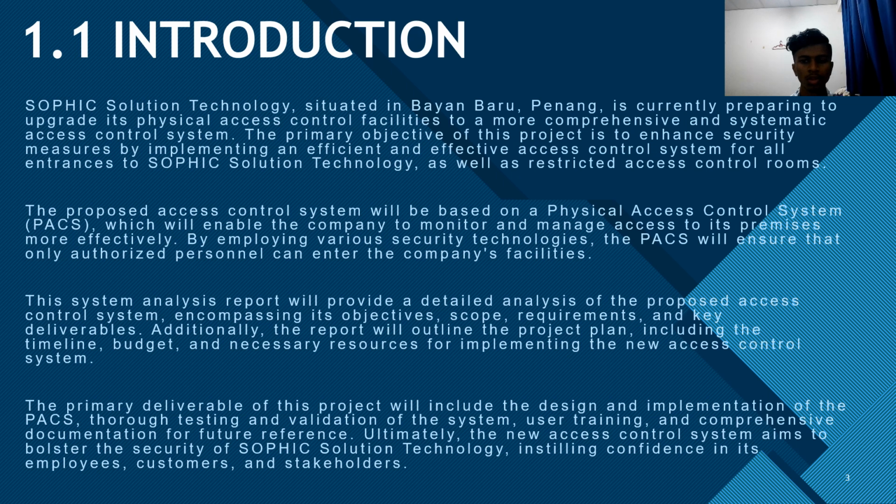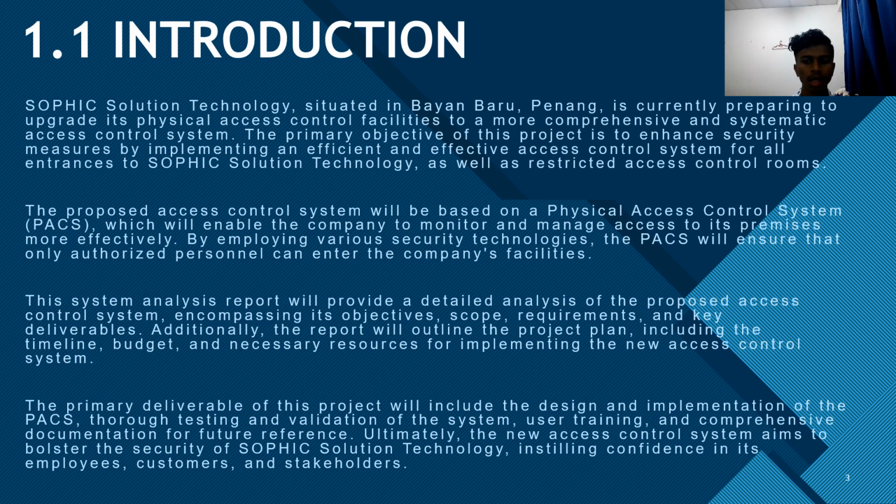The proposed access control system will be based on a physical access control system, PACS, which will enable the company to monitor and manage access to its premises more effectively. By employing various security technologies, the PACS will ensure that only authorized personnel can enter the company facilities.